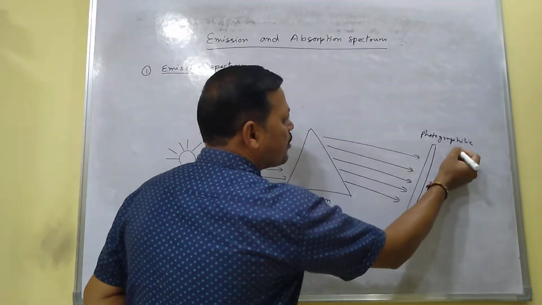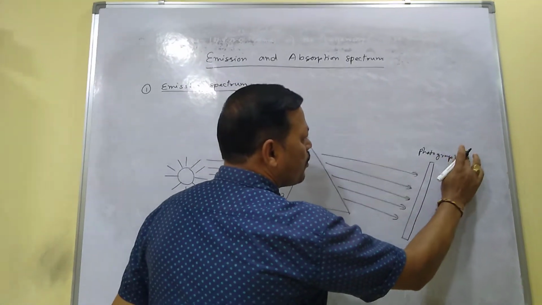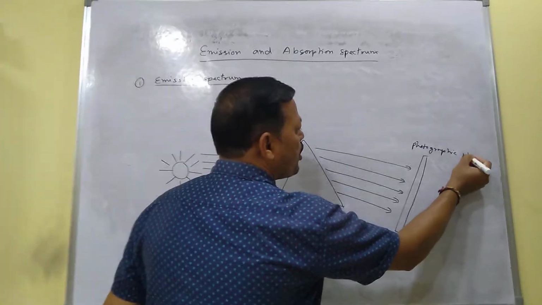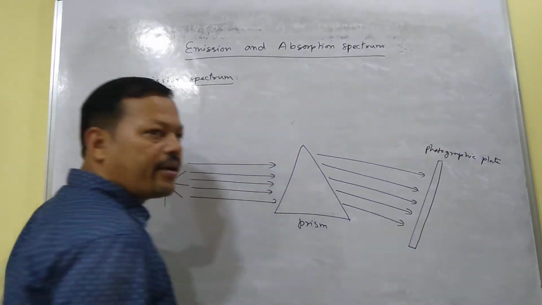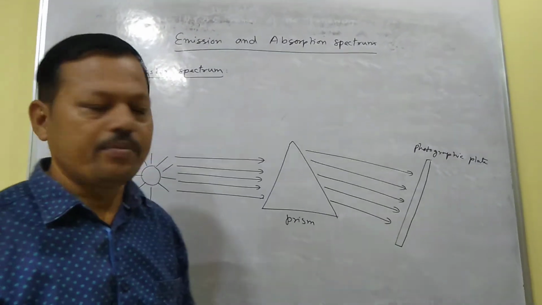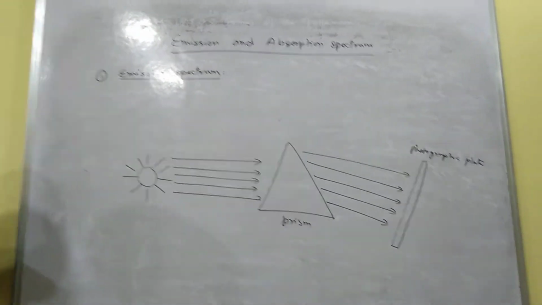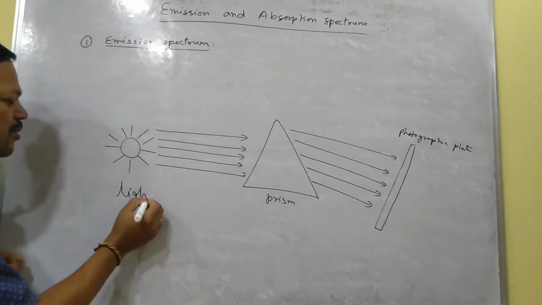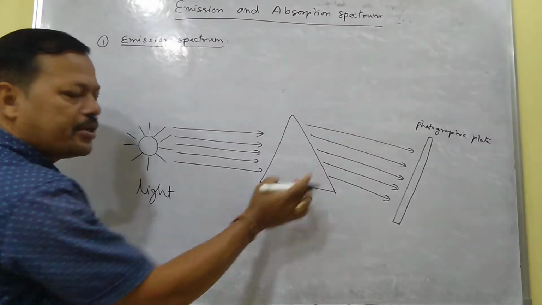this is one example of a photographic plate. Then in the photographic plate you can see the spectrum. So to get the spectrum, first the light has to pass through a prism.